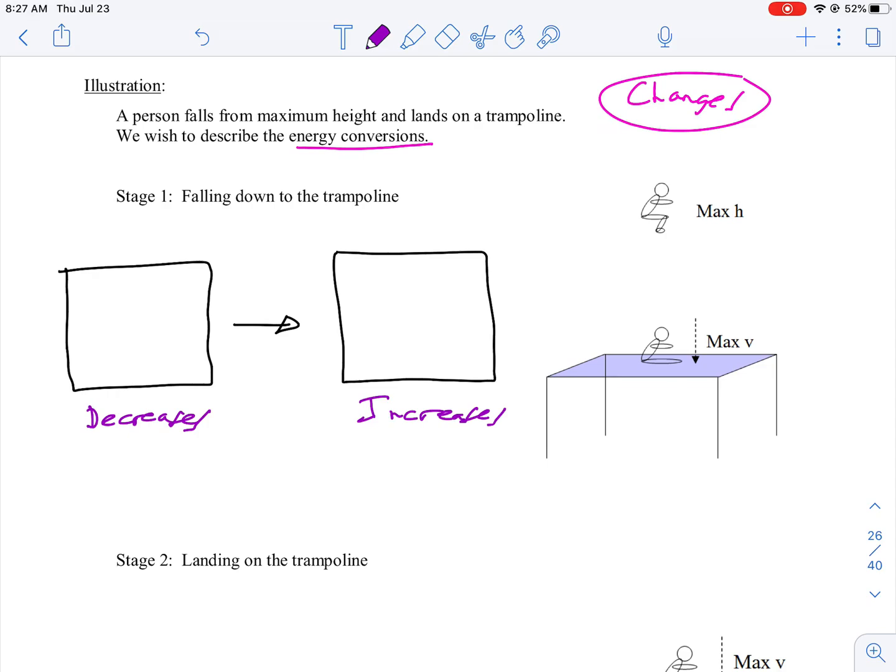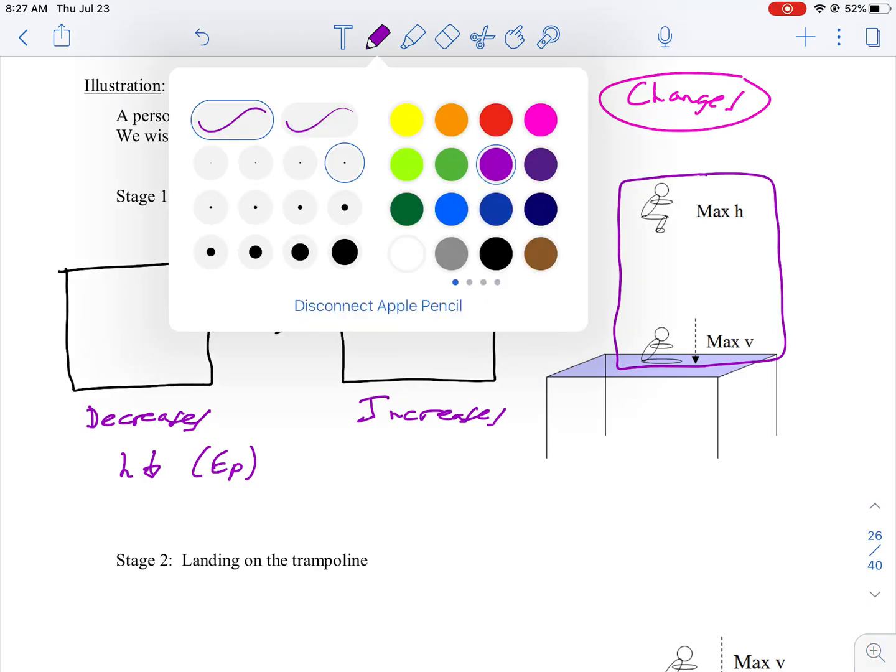So let's take a look at the first part of the motion, which is when you're falling towards a trampoline and you're just about to hit the trampoline at the end. Now, can you see that as this person's falling, the person's height is decreasing? What's the energy due to height? Well, that's potential energy. So that's what goes into the first box here.